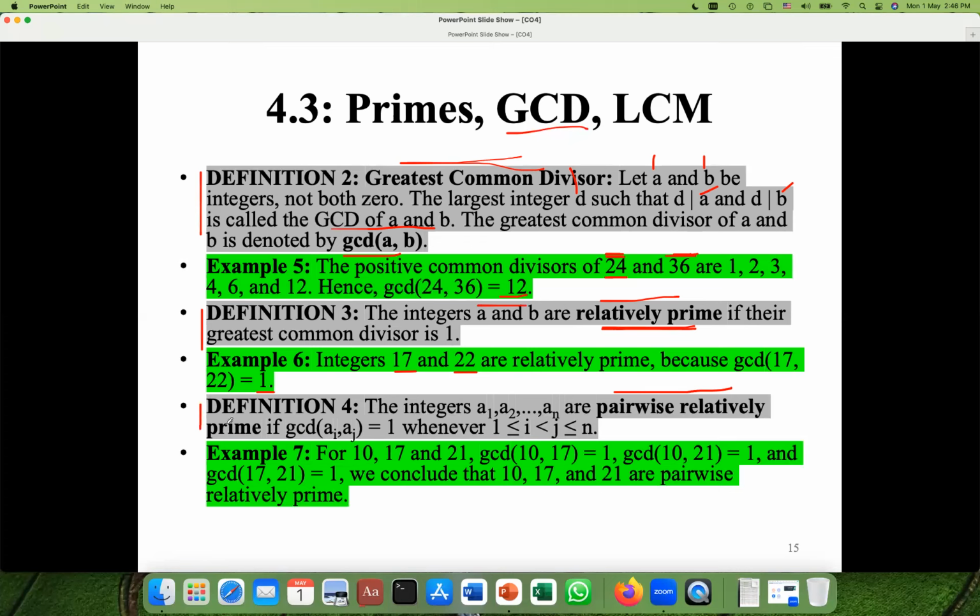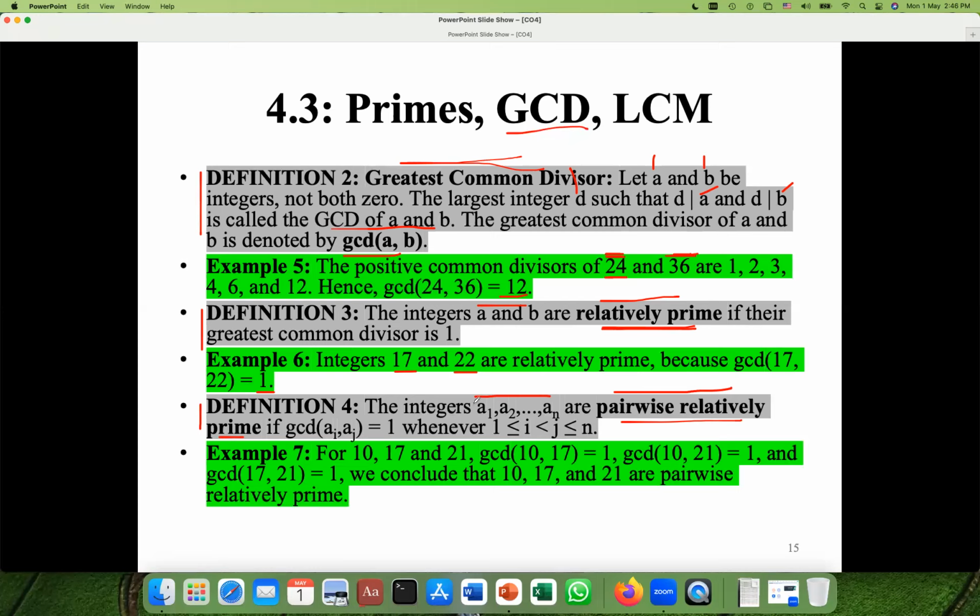Definition 4. What is pairwise relatively prime? Here you will be given more than two numbers. In definition 3, you are only given two numbers. In definition 4, you will be given more than two numbers, A1, A2, and so on, AN.